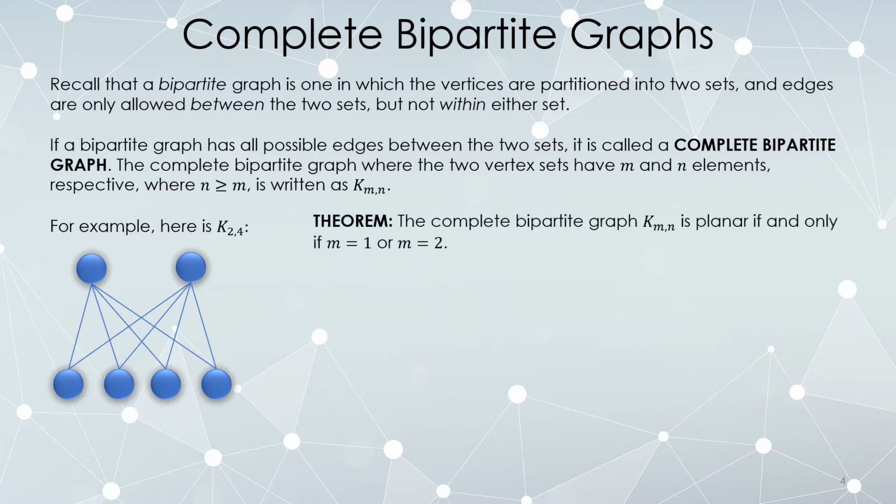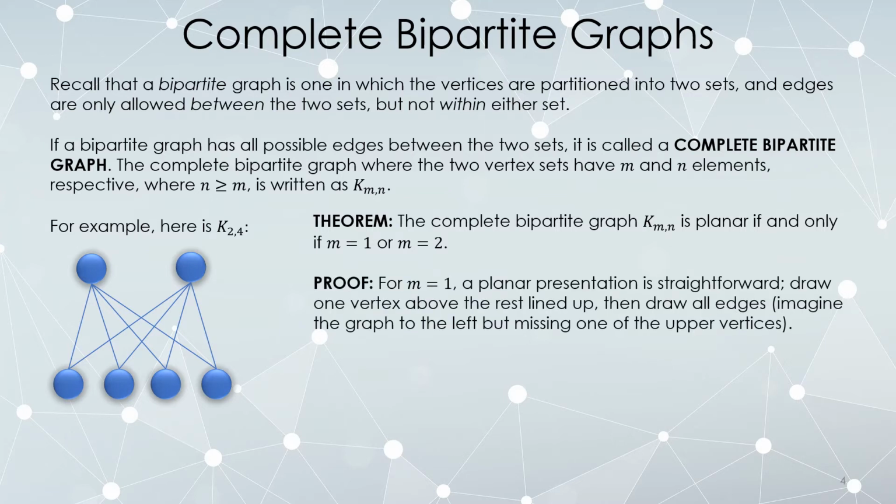Well, the theorem about which complete bipartite graphs are planar is as follows. If the smaller number, remember m had to be the smaller of the two numbers, is 1 or 2, then that complete bipartite graph is planar, but as soon as the smaller number is 3 or larger, no. So for m equals 1, a planar presentation is pretty straightforward. For example, you can just imagine this vertex isn't here, so I have 1 vertex and then I have 4.